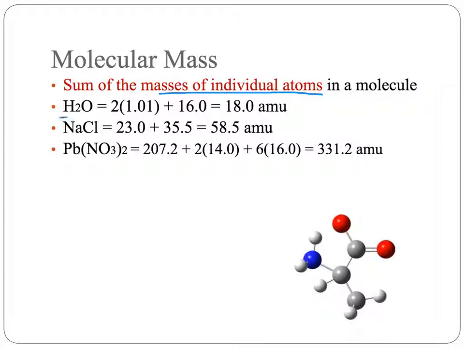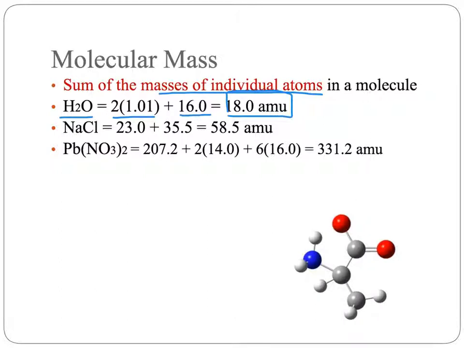For example, for water, H2O, you have 2 atoms of hydrogen, each with an atomic mass of 1.01, and 1 atom of oxygen with a mass of 16, so that the mass of 1 molecule of water is 18.0 AMU.